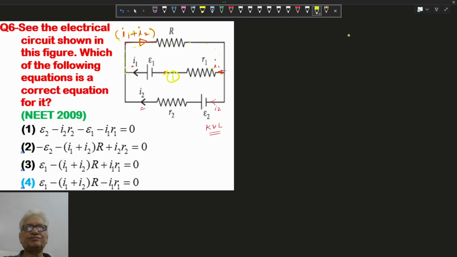Let us write the equation starting from the first point in the clockwise direction using Kirchhoff's voltage law. It is a rise, so E1, and in the direction of current, a drop of I1 plus I2 times R, and here it is I1, so another drop I1 R1 equals 0.